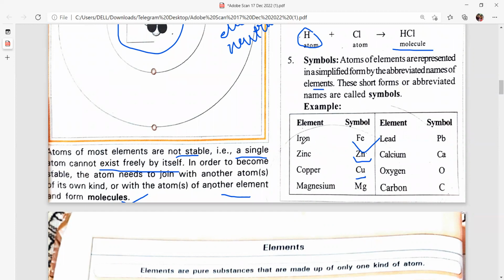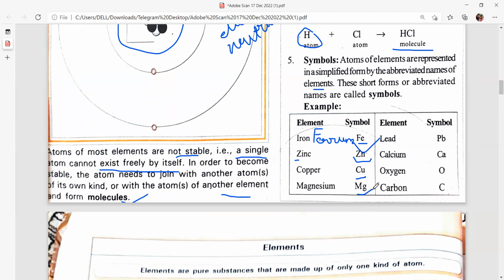Now you will say zinc is Zn, you can see these letters in zinc, Z and N, but iron, how is it Fe? See, some element names are derived from the Latin names. In Latin, iron is called ferrum, and from ferrum we derived Fe. Copper is called cuprum, so from cuprum we derived Cu.